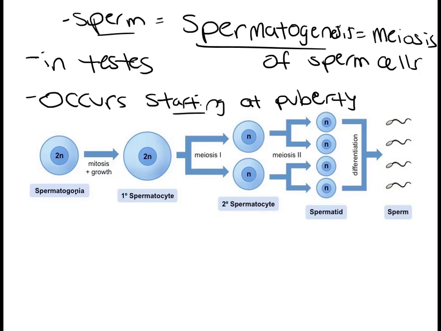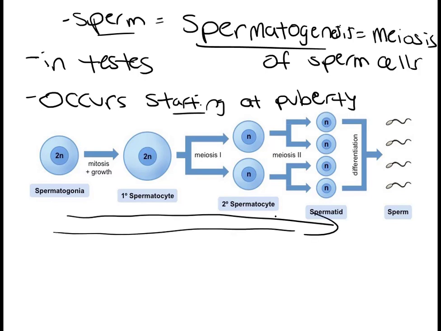So once puberty begins, this spermatogenesis process is happening all the time. And it's just going through PMAT1, PMAT2, and sperm are being constantly produced throughout the entire life. Okay, so until death. Between puberty and death, biological males can produce sperm at any point.